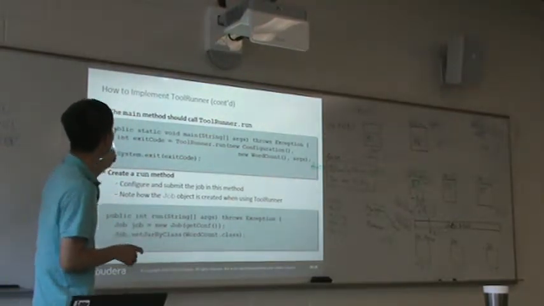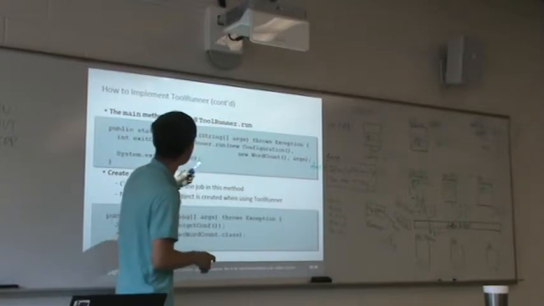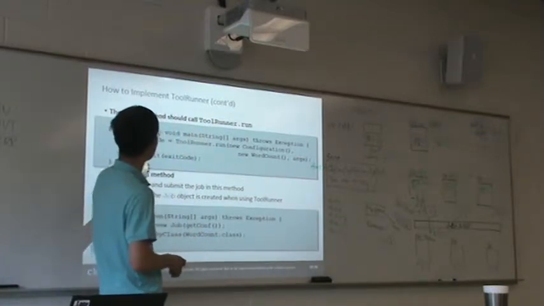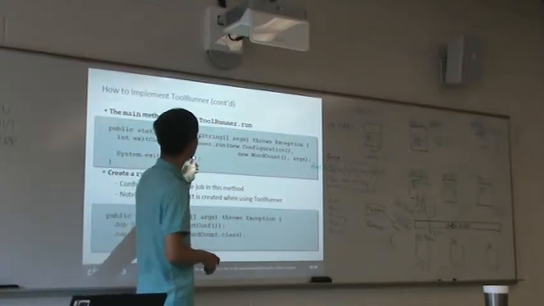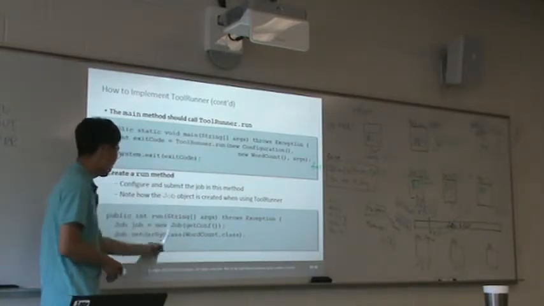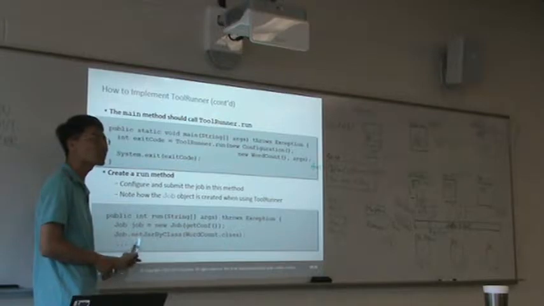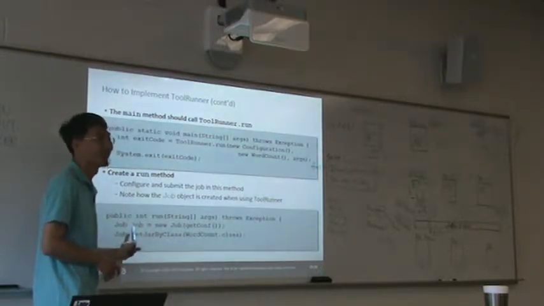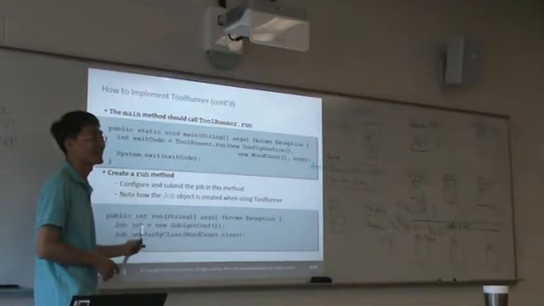You can create the main method, or this is another way: you can create a ToolRunner and make it runnable. And that ToolRunner is defined here. It's similar to a thread. When you implement a thread in Java, it's a similar idea.